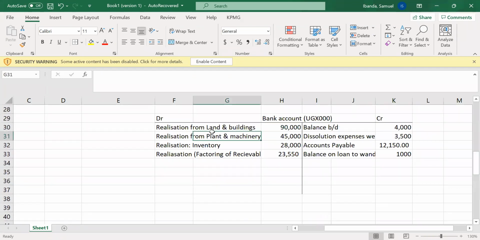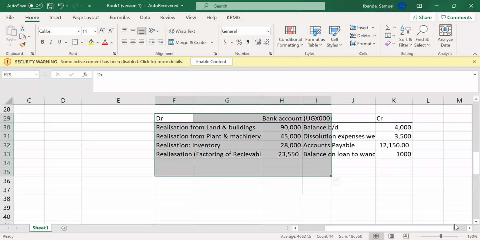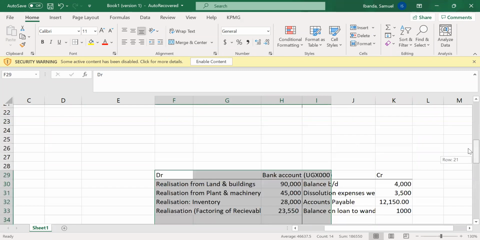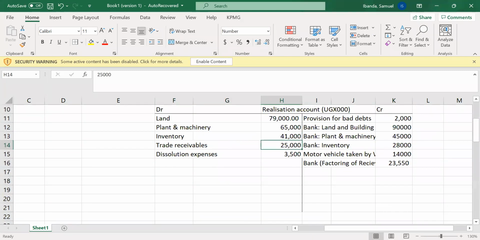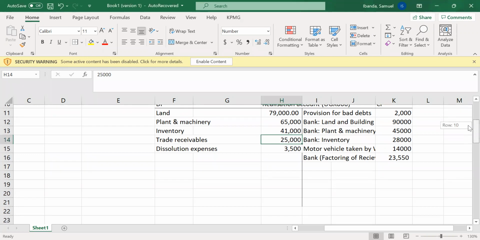So what we've not balanced off now is the bank account. We first leave it. What we want to look at is our realization account, and make sure that we have taken into consideration whatever is supposed to appear within it.